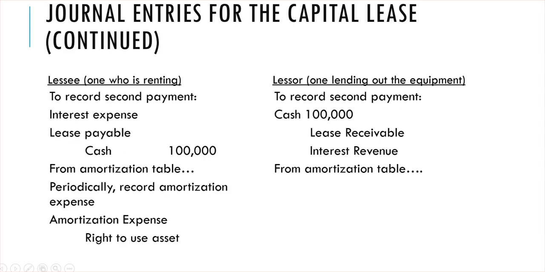Now, as time passes, what's going to happen here is a period of time has passed, and when the period of time passes, there will be a portion of that payment which is going to be interest for the period of time, and a portion which is a payment of the principal, or a paying down of the payable, or to the one who is receiving the payment, the lessor, it is going to be interest revenue.